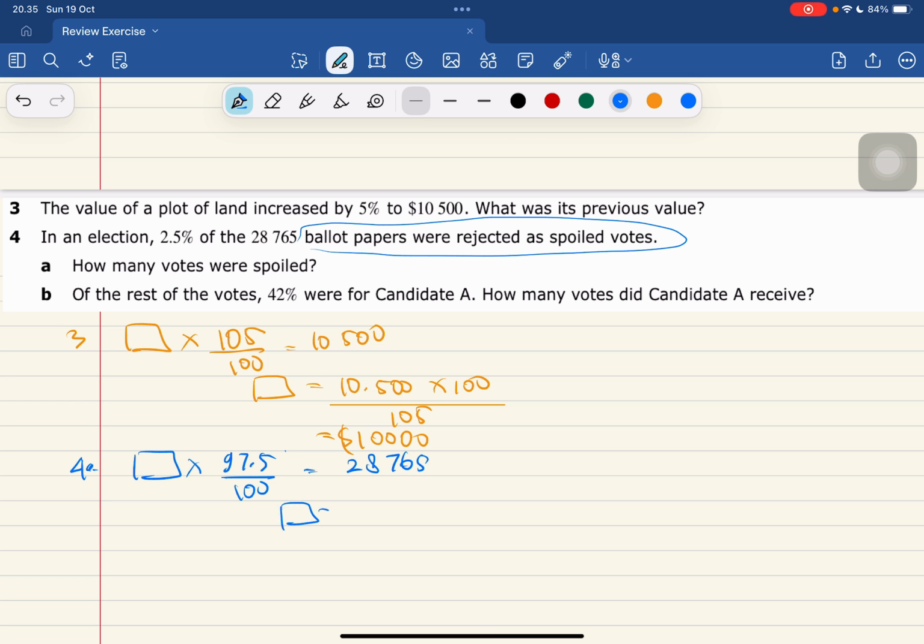So it's going to be 28765 times 100. And then we multiply by 97.5. So let's calculate it from here. 28765 times 100, and we divide by 97.5.